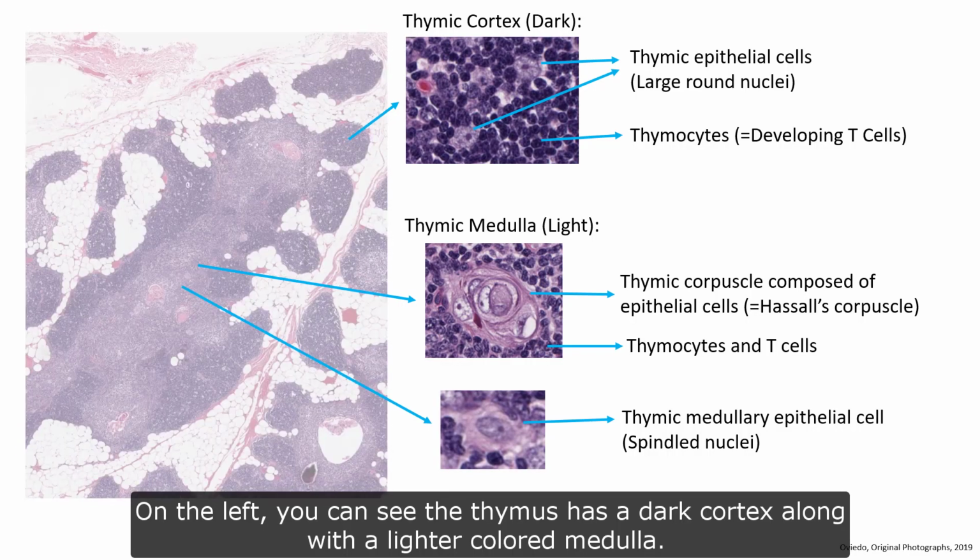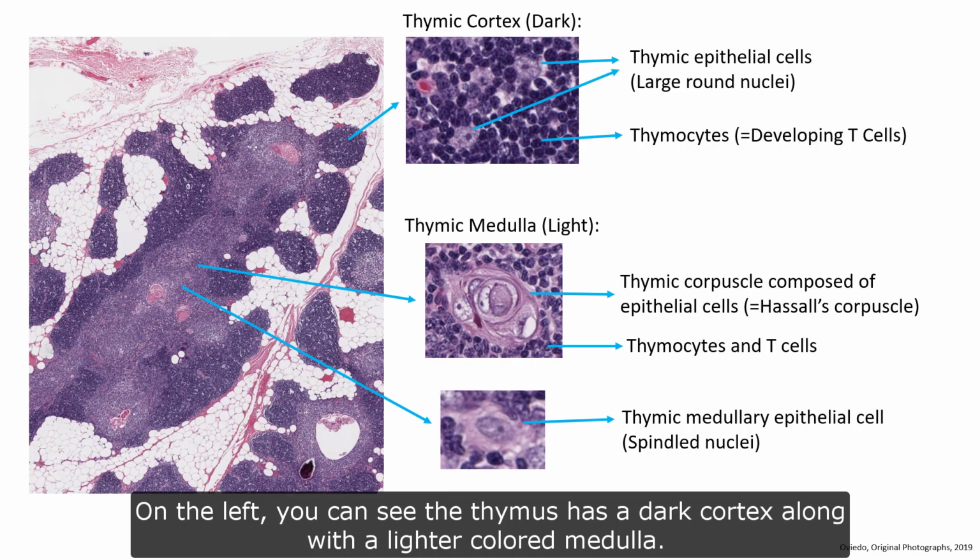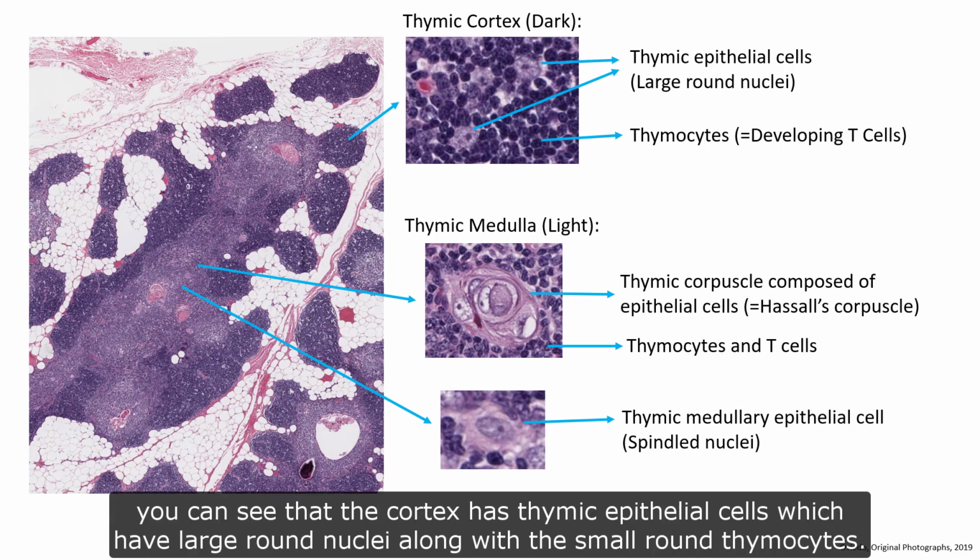On the left, you can see the thymus has a dark cortex along with a lighter colored medulla. On the middle top, you can see that the cortex has thymic epithelial cells which have large round nuclei along with the small round thymocytes.